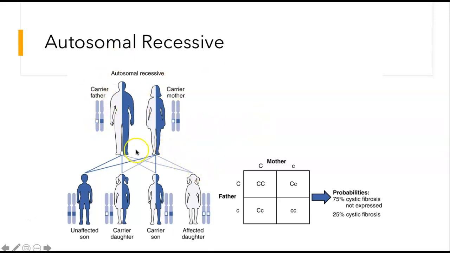So every time they have a child, there is a 25% chance that they will both give their small c and make a child that has cystic fibrosis. This results in some of the rarer diseases that we do see, where parents could be absolutely unaffected but produce a child that is affected. But again, they will also produce offspring that are carriers themselves, and then 25% of the time they will produce a son who is unaffected, or a daughter, could be a son or a daughter.